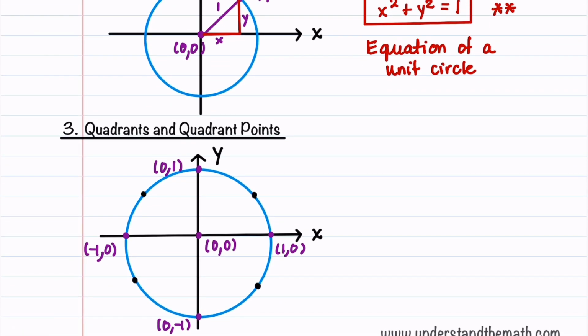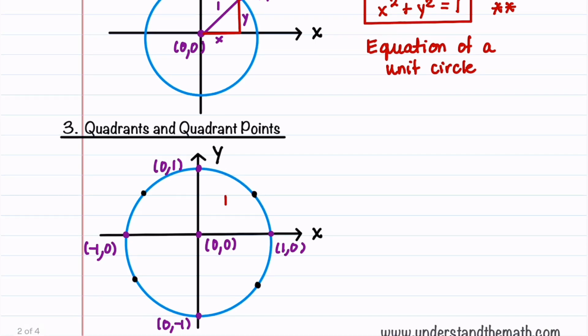We're now going to identify the quadrants on the unit circle, as well as the quadrant points and signs of points on the unit circle. We'll begin by identifying the quadrants. In the upper right-hand portion of the circle, that is called quadrant 1.